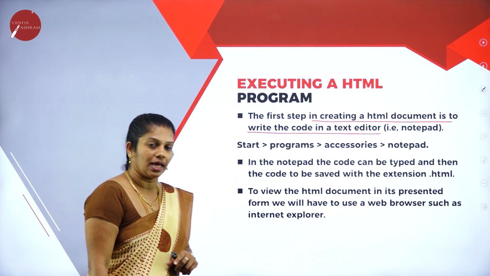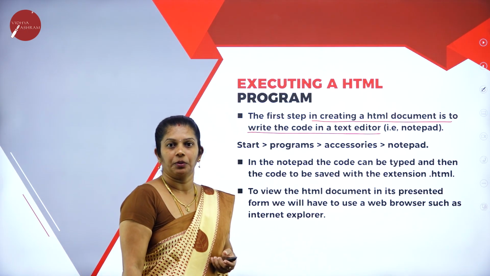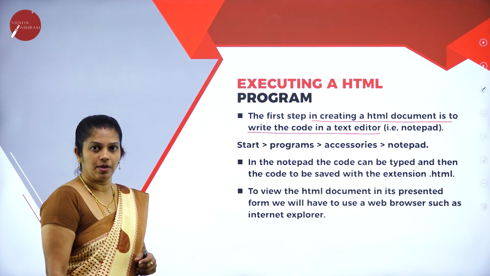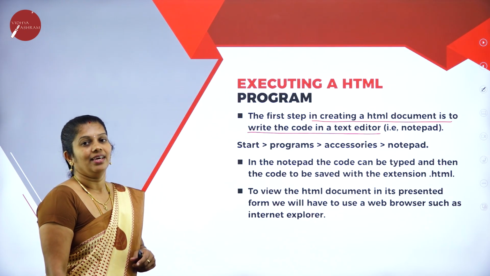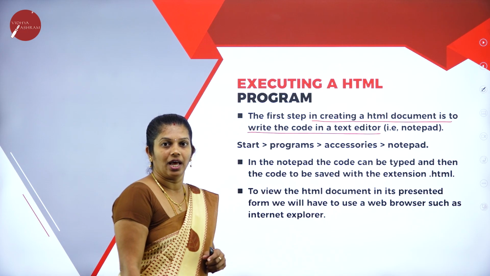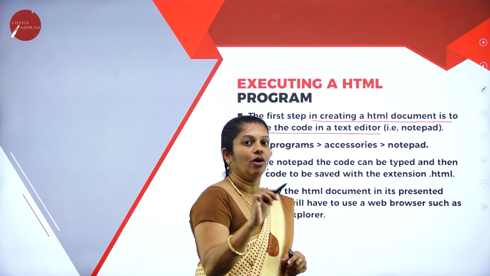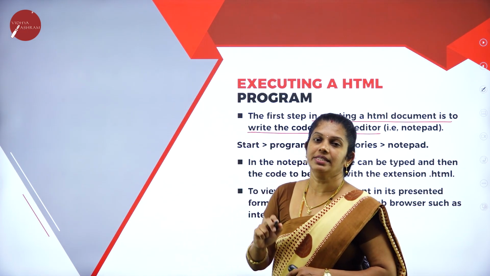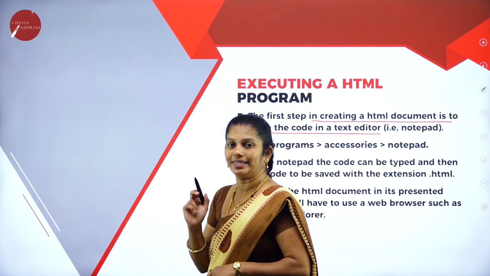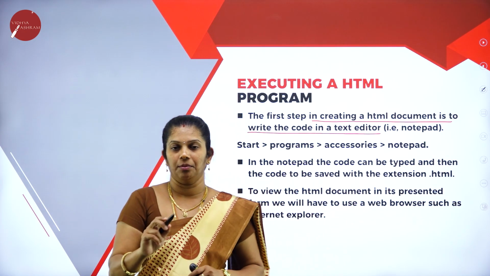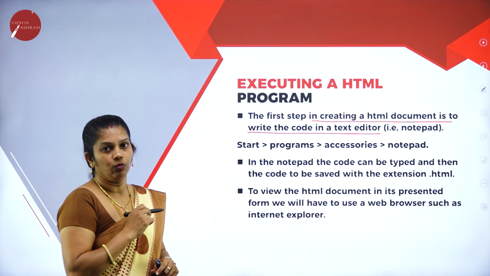If you want to create any HTML program, first you have to type the program in Notepad. Then you have to save the program with the file name .html. Compulsorily, you have to save the file with the extension .html. Then only it will work.